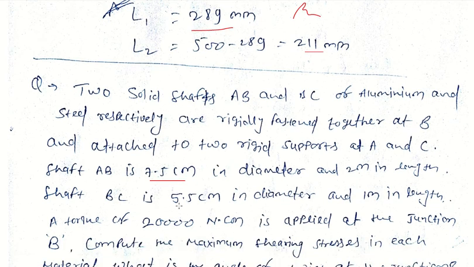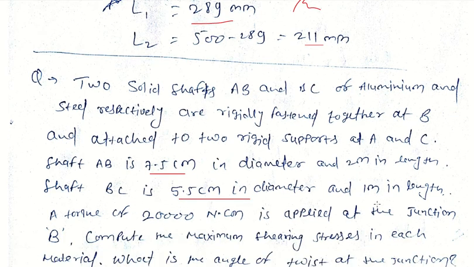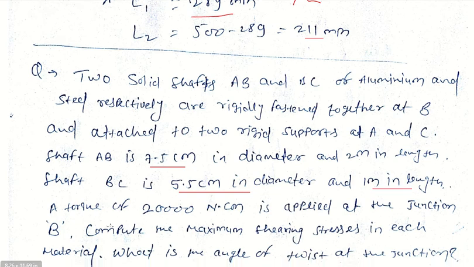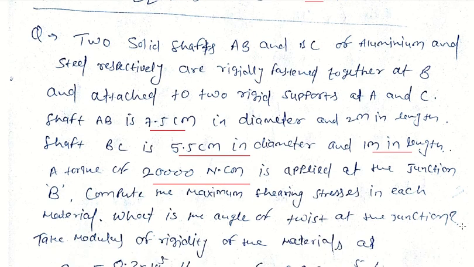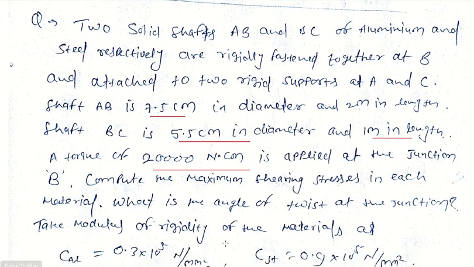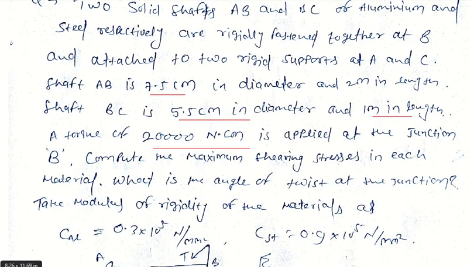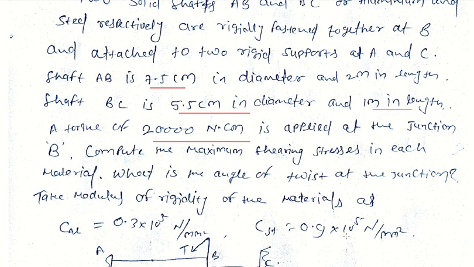Shaft BC is 5.5 centimeter in diameter and 1 meter in length. A torque of 20,000 Newton centimeter is applied at the junction B. Compute the maximum shearing stress in each material. What is the angle of twist at the junction? Take the modulus of rigidity values for C aluminum and C steel.